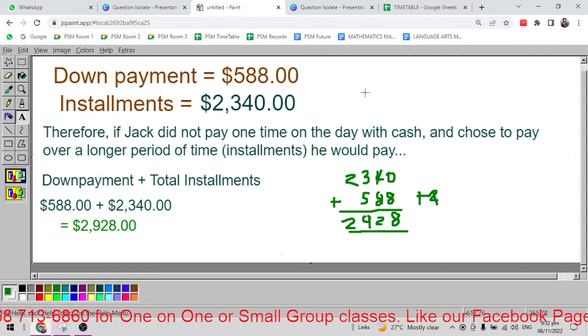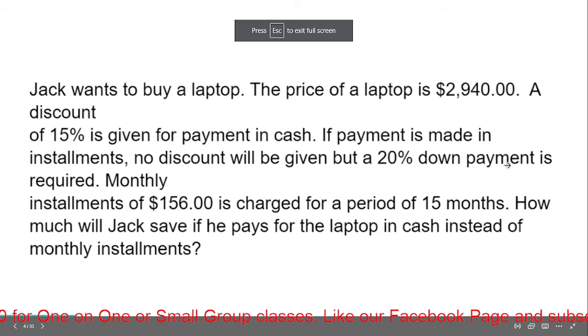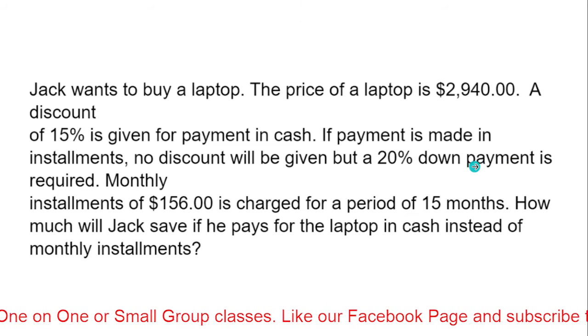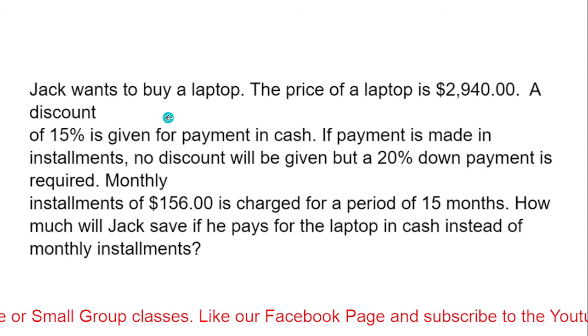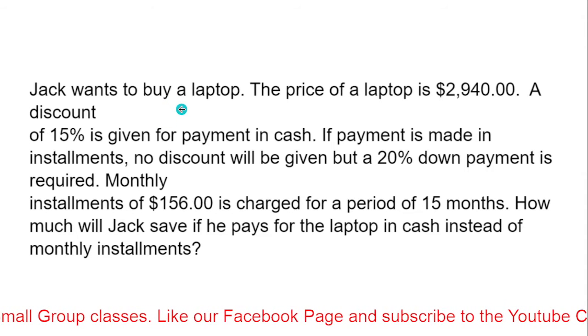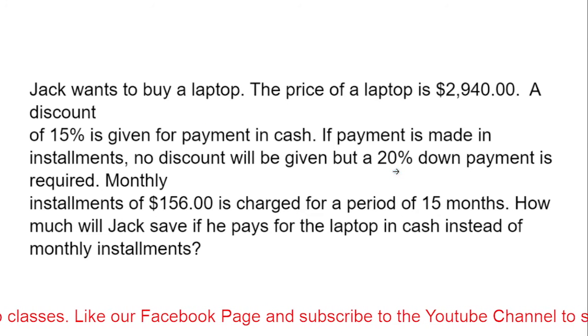All right, good. If this is too much for you, look at the recording, okay? So finally, we found out how much Jack would pay if he just bought the laptop one day, or how much he would pay if he bought the laptop over a period of time.